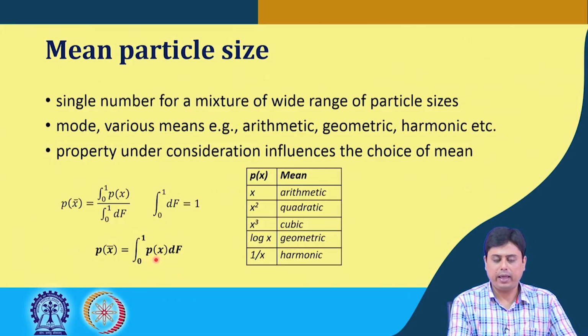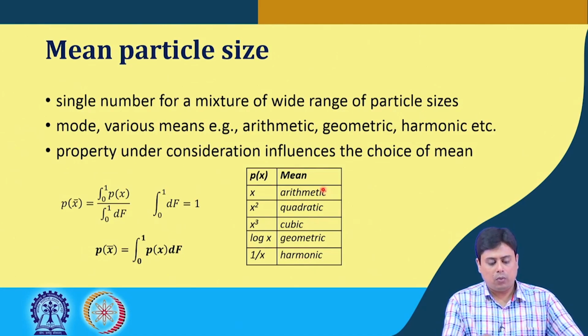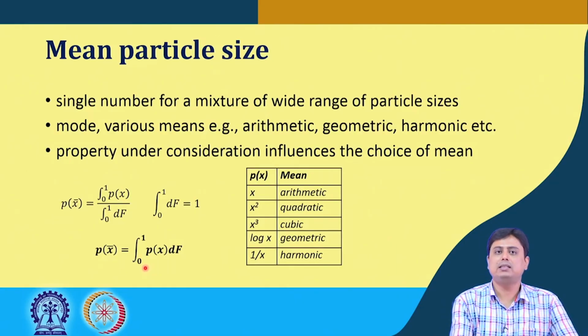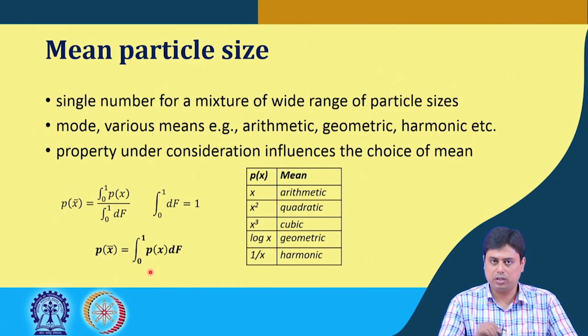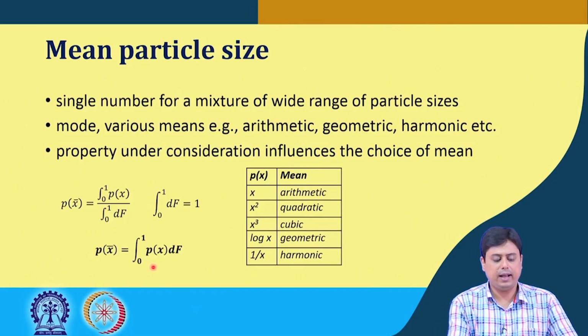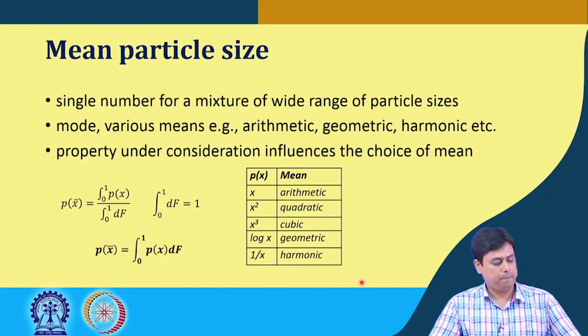If it is log x, it is the geometric mean, and if it is 1 by x, it is called the harmonic mean. So, we can understand that there can be several means for a particular function. This function is nothing but the size distribution curve, which can be represented by a function such as p(x). Once we feed that with the proper value, we get an appropriate mean value.